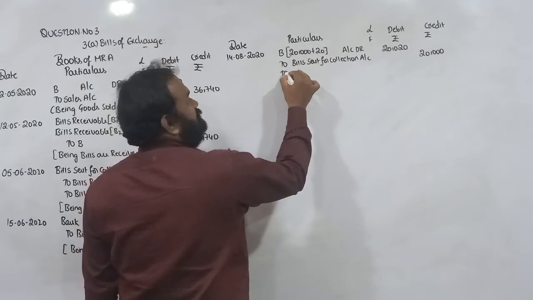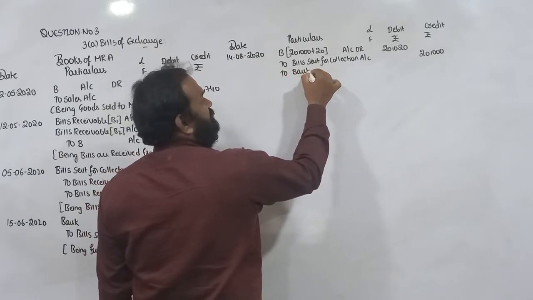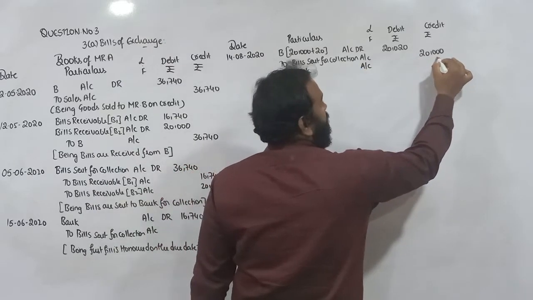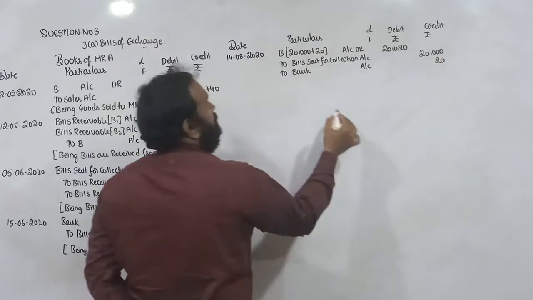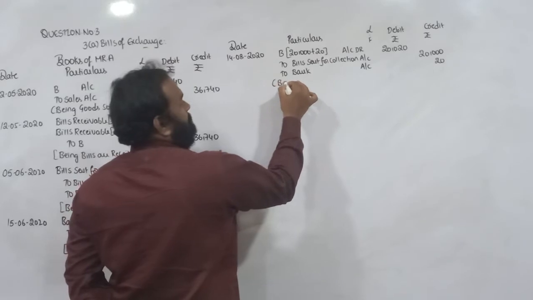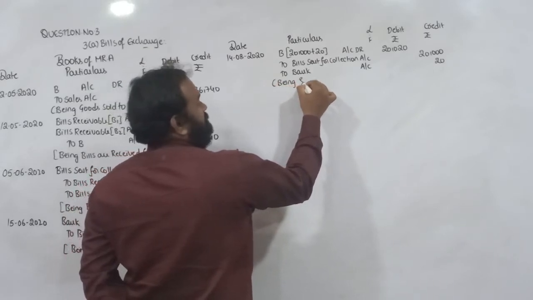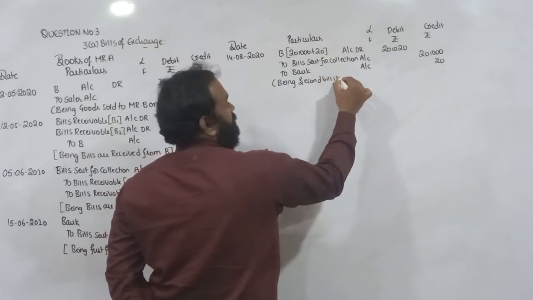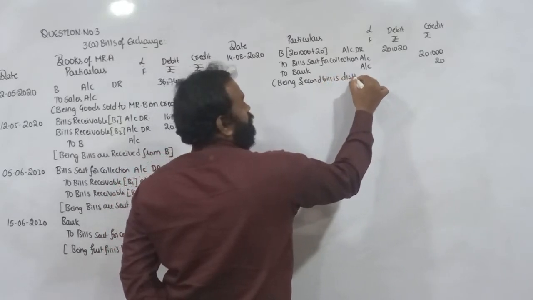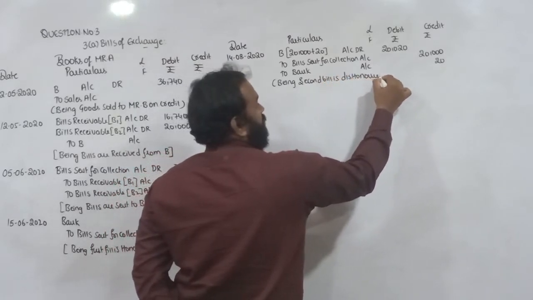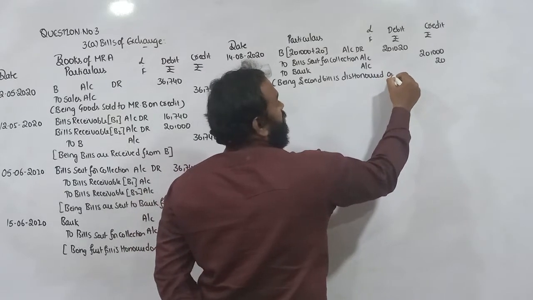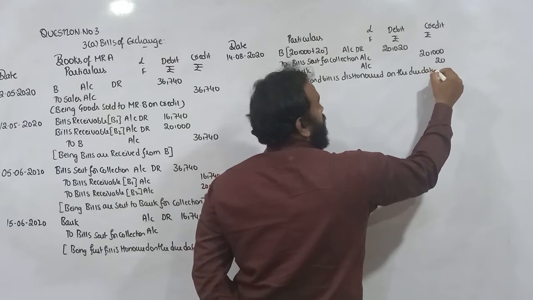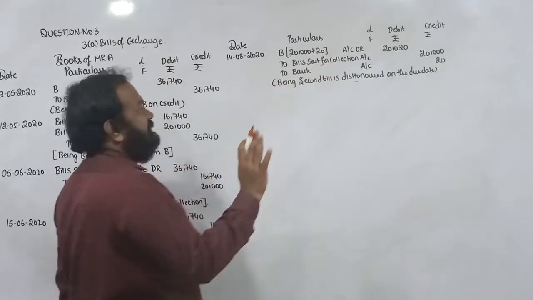And you have an obligation to pay noting charges to the bank, and the bank balance gets automatically decreased, 20, being second bill is not honored, dishonored on the due date, boys and girls.